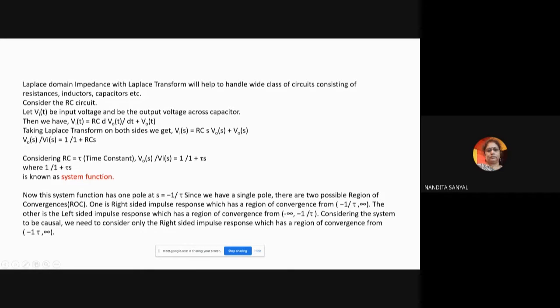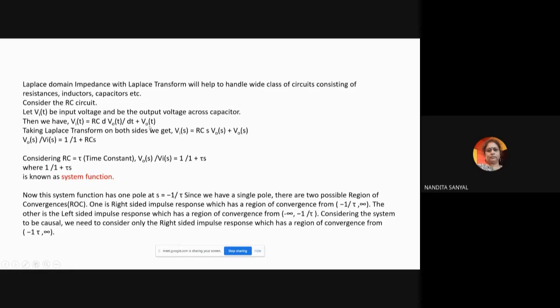If the input is Vi, in that case Vi is equal to RC dVo/dt plus Vo, where Vo is the output. It is a first order differential equation.